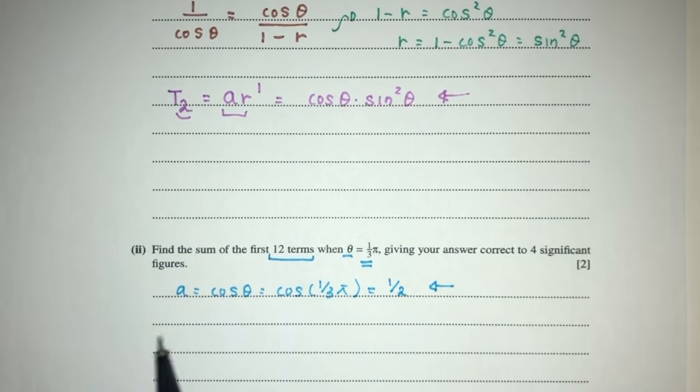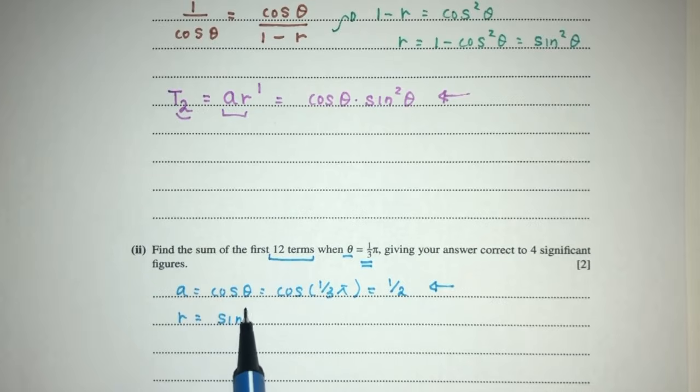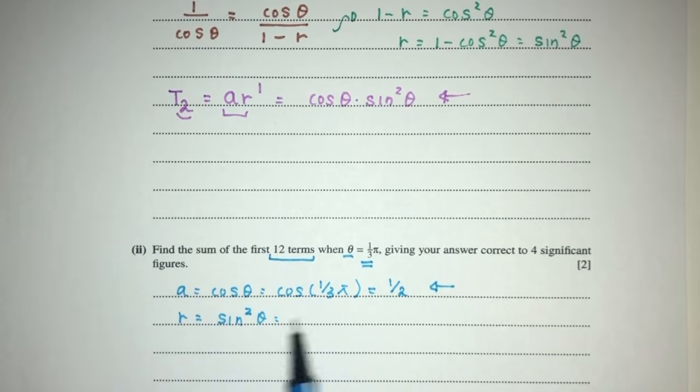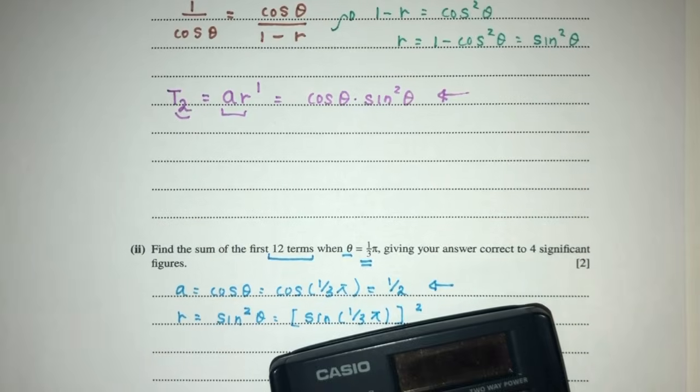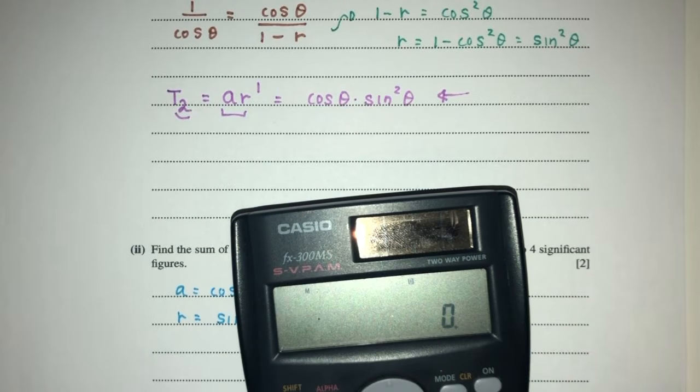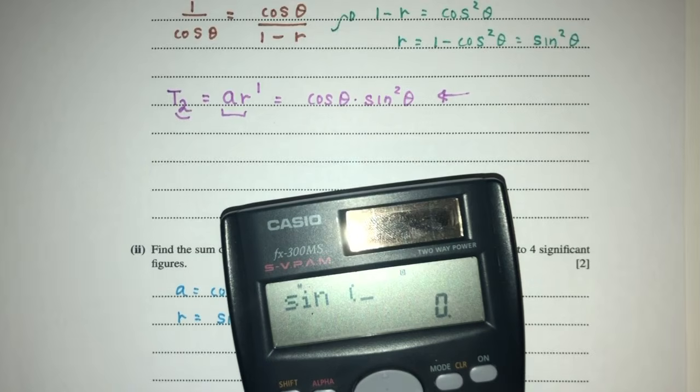Now the value of r is equal to sine square theta, that will be sine of 1 over 3 pi, squared. Now what is sine of 1 over 3 pi? That will be 180 divided by 360 degrees.